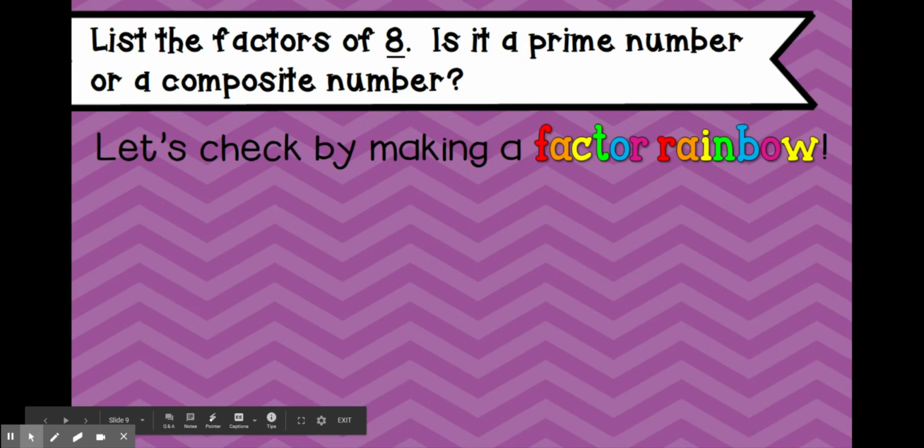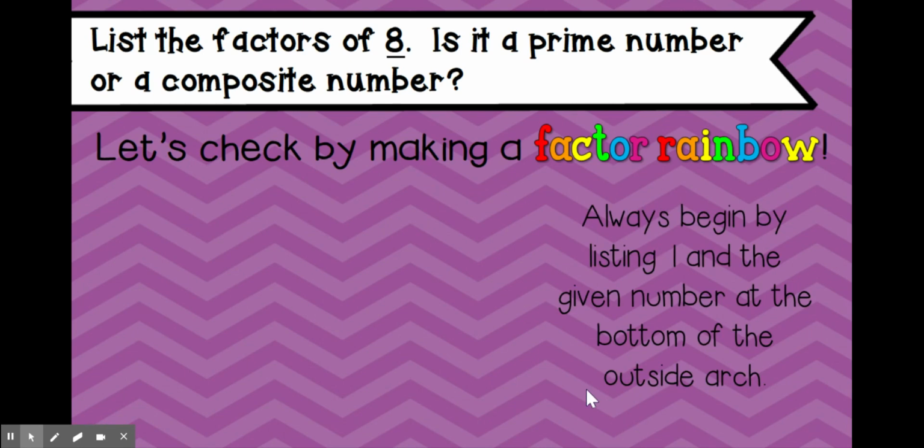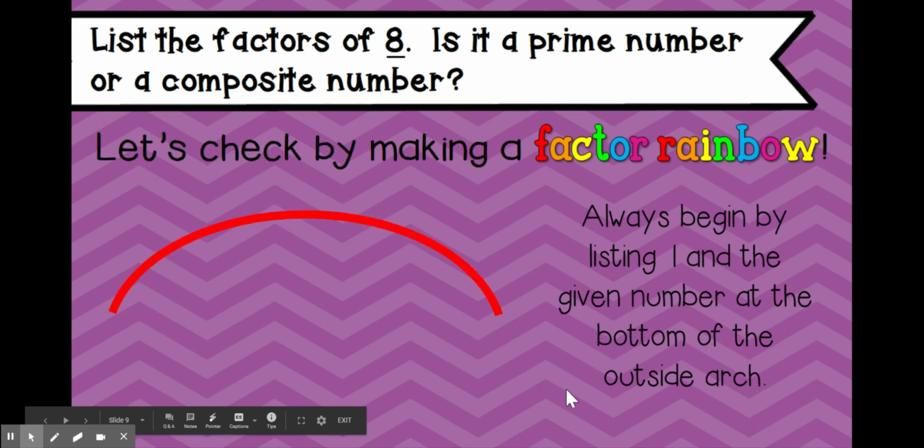So list the factors of 8. Is it a prime number or a composite number? Let's check by making a factor rainbow. Always begin by listing 1 and the given number at the bottom of the outside arch. So here's our first arch. Okay, 1 and 8 are factors of 8.